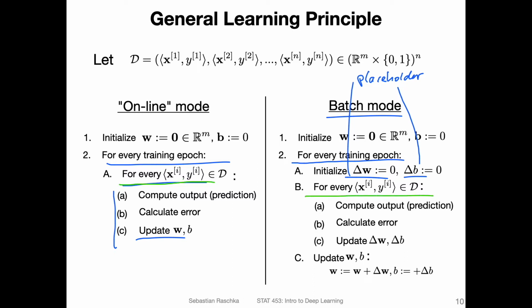Also, the same thing here, I'm computing the output or the prediction, same as in the online mode. Also, I calculate the error, same thing here. So that's all the same. However, the difference really is in this step. You can see here I'm updating the weight and the bias directly. Here I'm only updating my placeholders. So I'm just accumulating some error terms or some information, and I keep accumulating that until I iterate over every data point in the dataset.